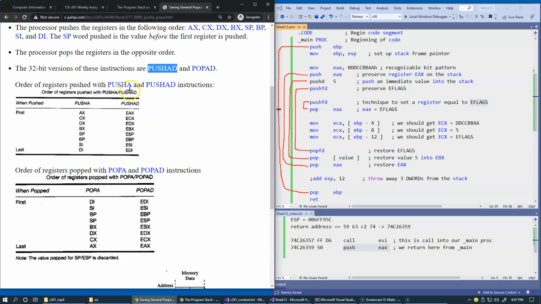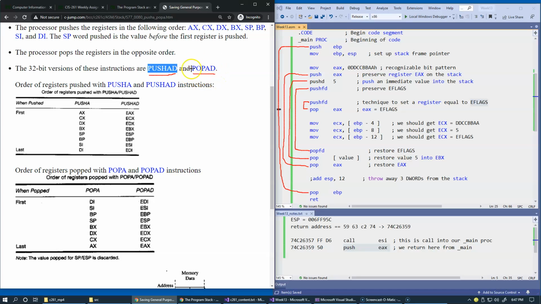Anyway, these instructions, push all double word registers and pop all double word registers, allow you to avoid those tedious individual push EAX, ECX, EDX instructions. And by using the single push AD and the corresponding pop AD, it also allows us to make the program run faster.